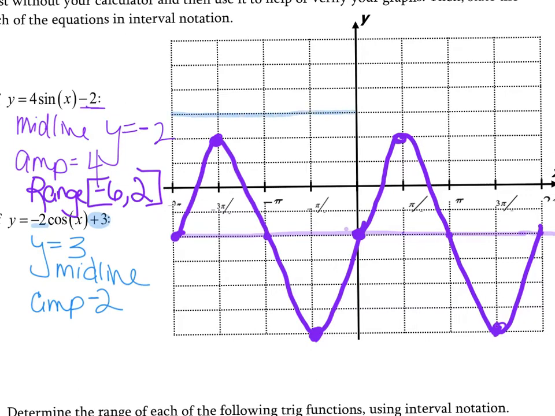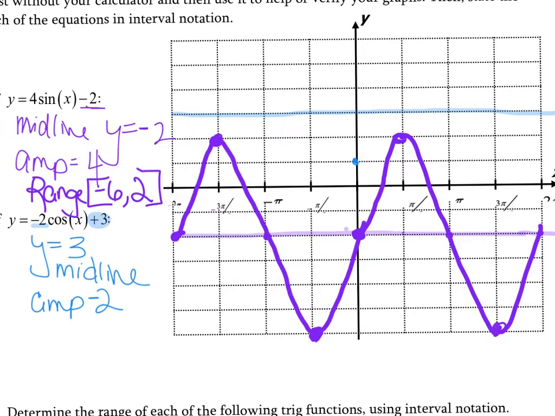So this is the line of reflection. Now, in a regular cosine curve, my first point would be 1 above that midline. It would be right here, right? But now that my amplitude is 2, I would go up 2 and it would be here. However, it's negative, so I actually need to go down 2 and put it there.